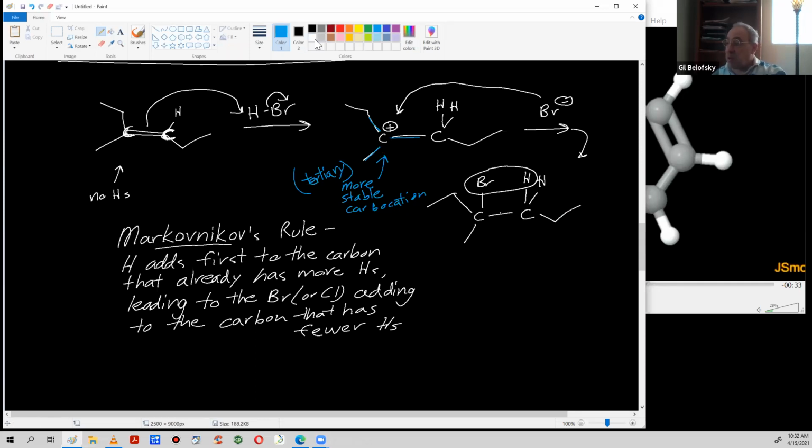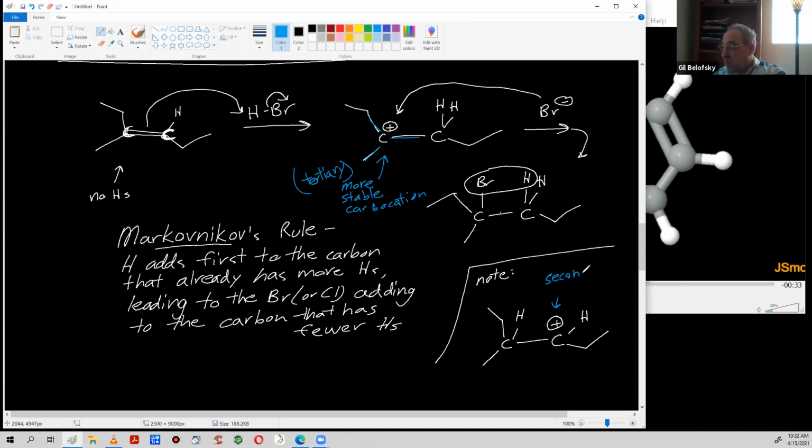So let me just point out down here, note, if this went the other way at the beginning, we would have the hydrogen added there and the carbocation there, with the hydrogen on it. And this is a secondary carbocation, less stable.